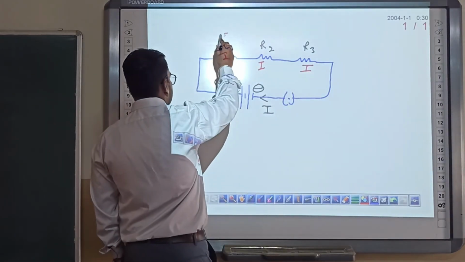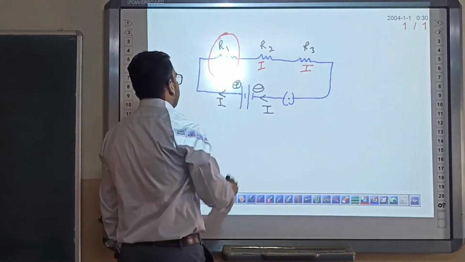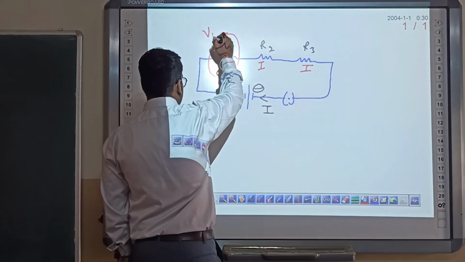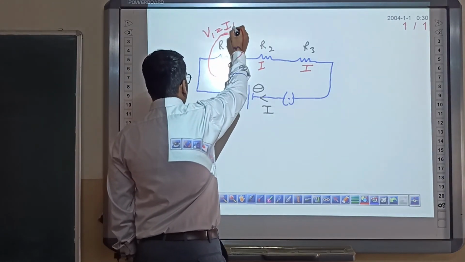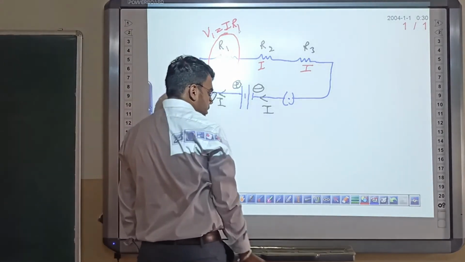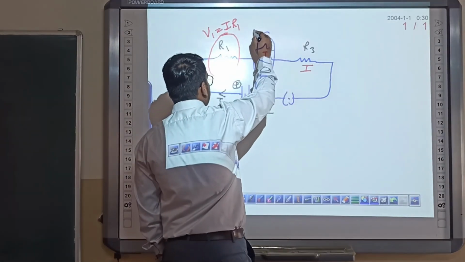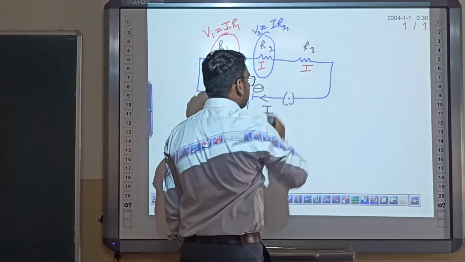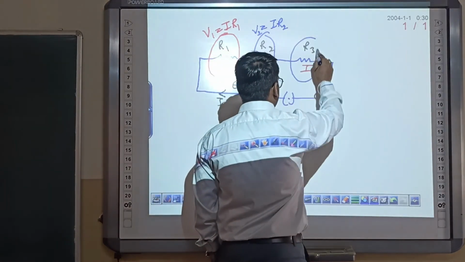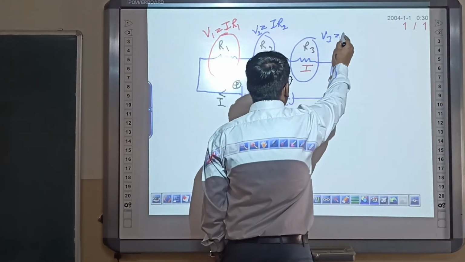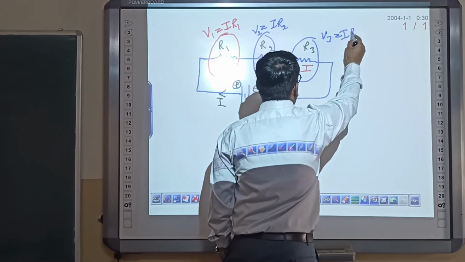If we apply Ohm's law in this circuit, I get V1 is equal to IR1. Similarly, in this circuit I get V2 equal to IR2, and in this circuit I get V3 is equal to IR3.